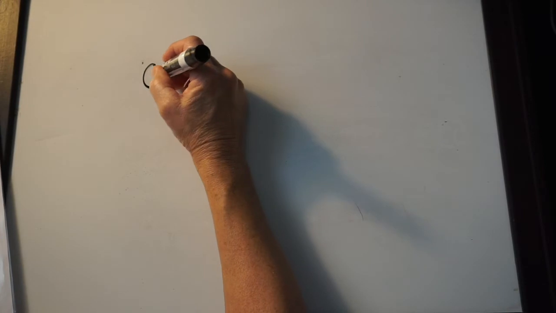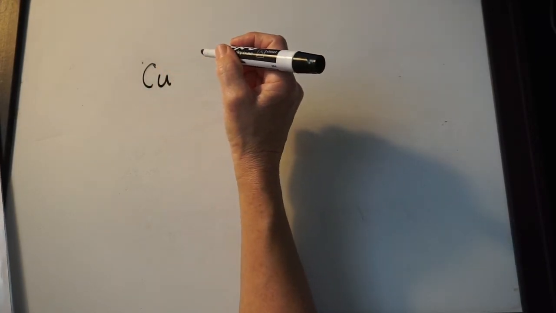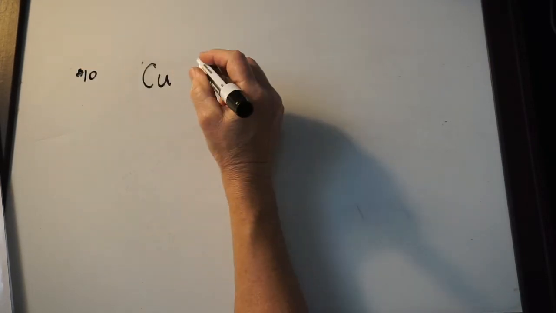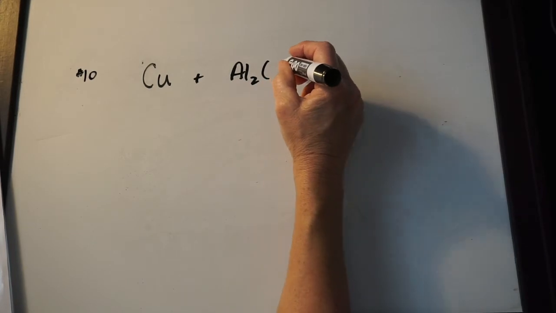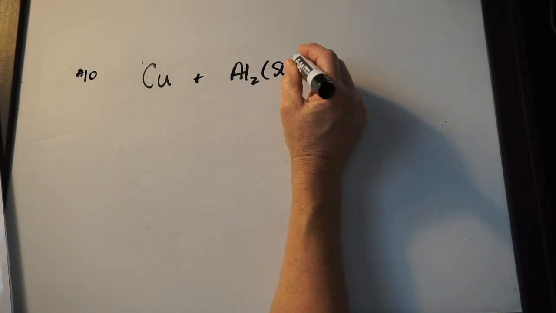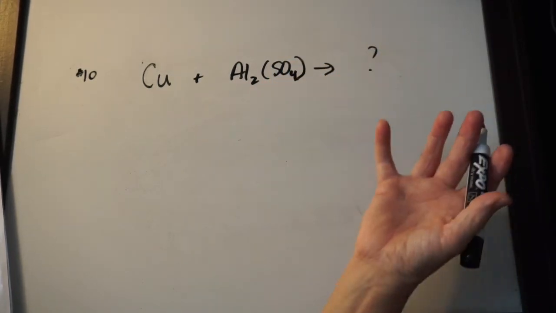Okay, let's try one like this. Copper. This is number, which one is this? I think this is number 10. Copper plus aluminum sulfate produces, and we're saying, okay, you're a chemist.